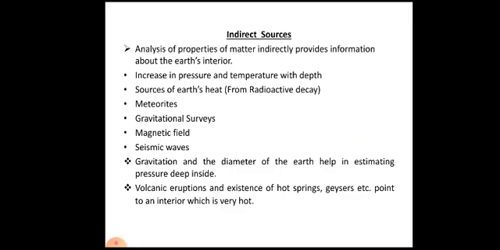Then we have the volcanic eruptions and the existence of hot springs or natural geysers. These are simply the springs or vents from which volumes of hot water and steam are ejected periodically. So these things also refer to an interior which is very hot, correct?